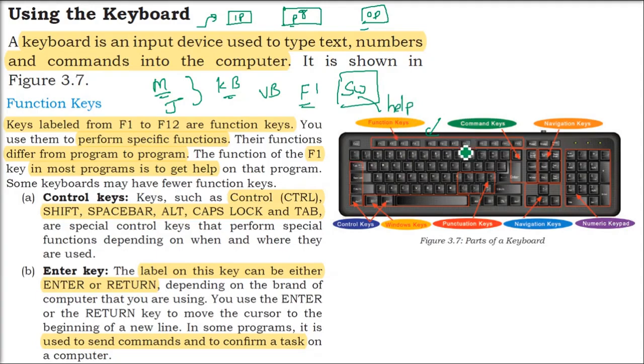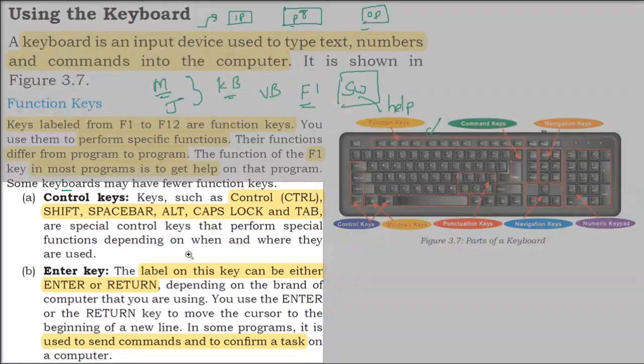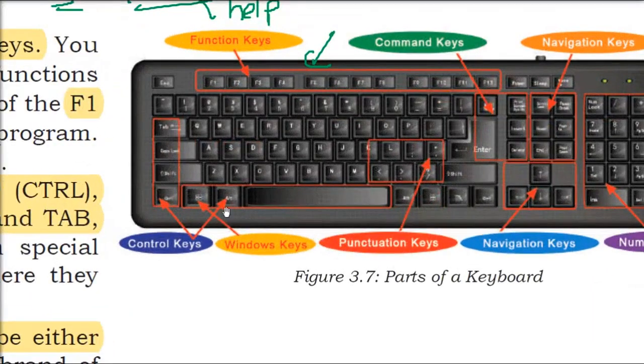Help will open whenever you press F1, and this is true for other function keys also. As I said, there are different keyboards. This keyboard might not be your keyboard, so some keyboards may have fewer function keys.